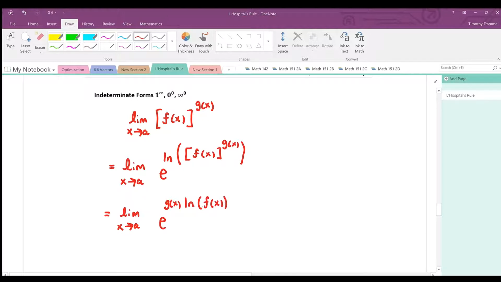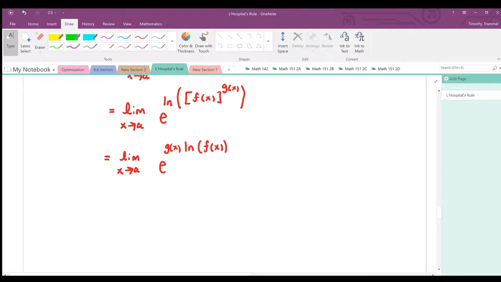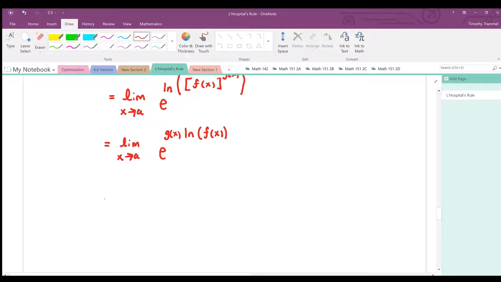And then one more thing we're going to do is bring that limit into the exponential. This is really going to rely on continuity here. We need nice functions. If we do have these nice functions, we're going to have e to the limit as x approaches a of g of x times the natural log of f of x.